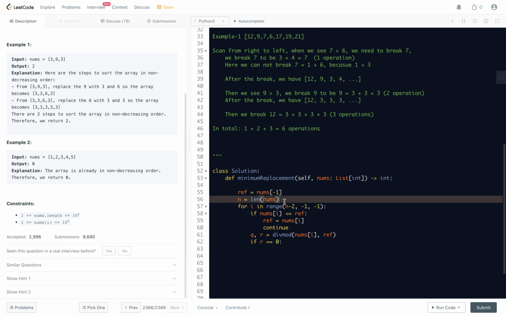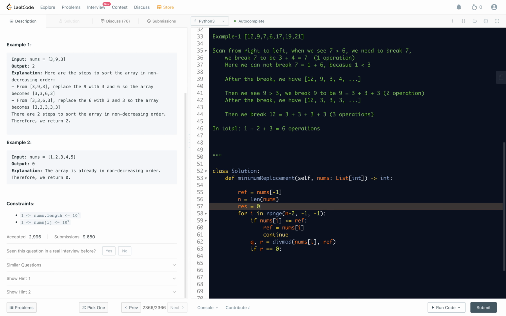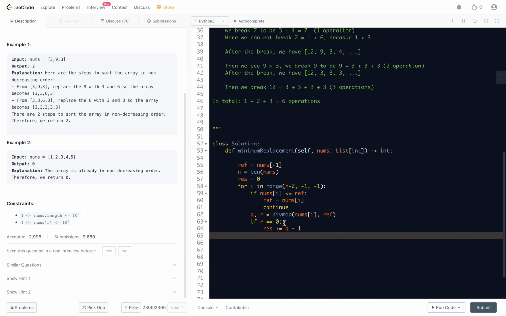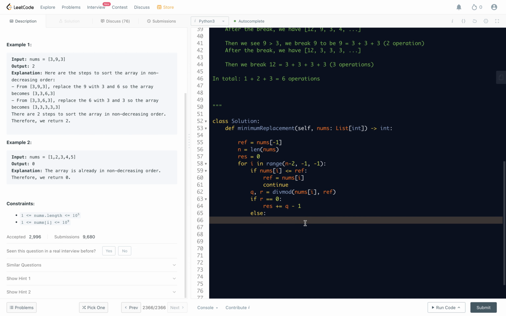Then let's set a result to be 0 for counting. We're going to increment the result by Q minus 1. And in this case, the reference does not change, right? So in the other case, if R is not equal to 0, we split this into Q plus 1 parts.